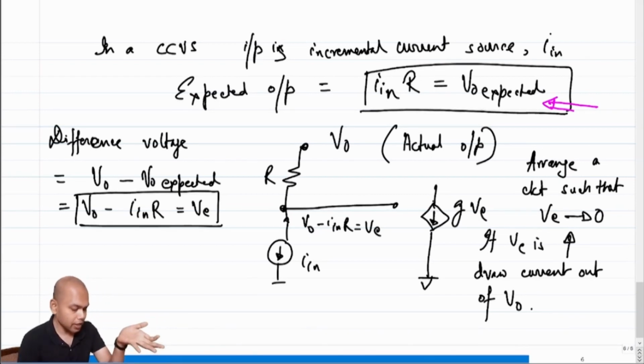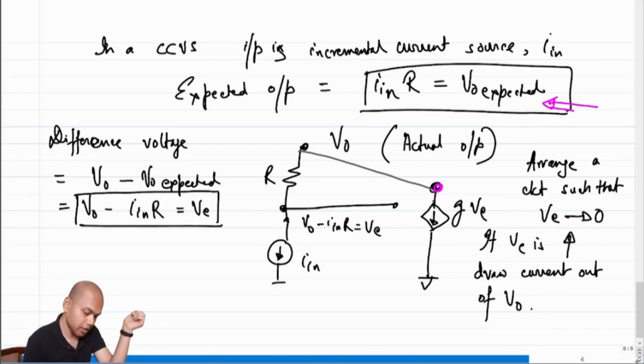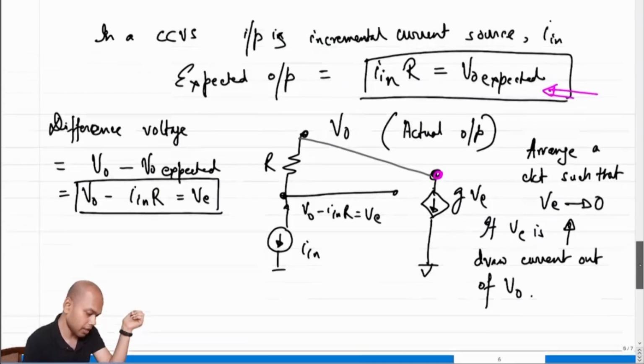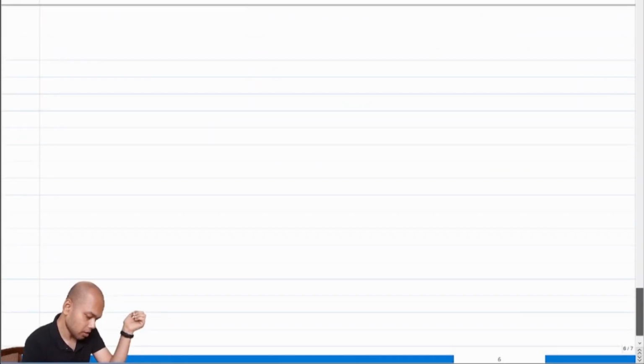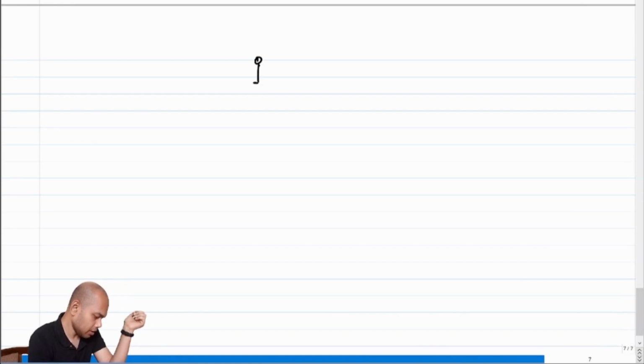So if VE is increasing in the way I have drawn, I am drawing current out of this node. What is the requirement? If VE increases, I should draw current out of V naught. So what should I do? I can simply connect these two terminals. Let me draw it in a next page in a cleaner manner. So what I am essentially saying is this. So this is I in.